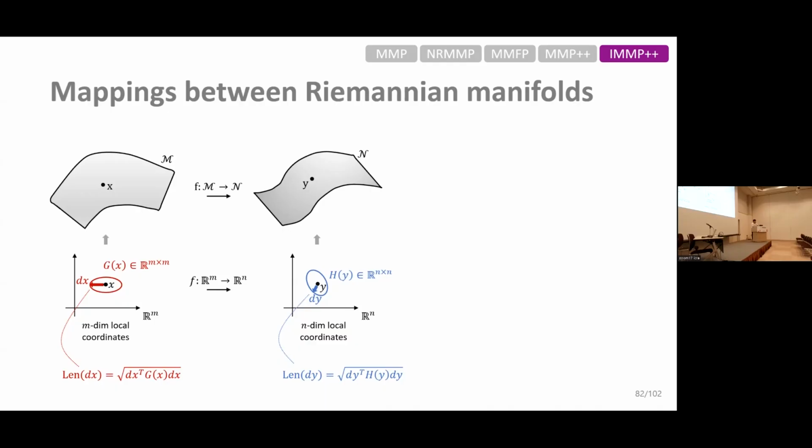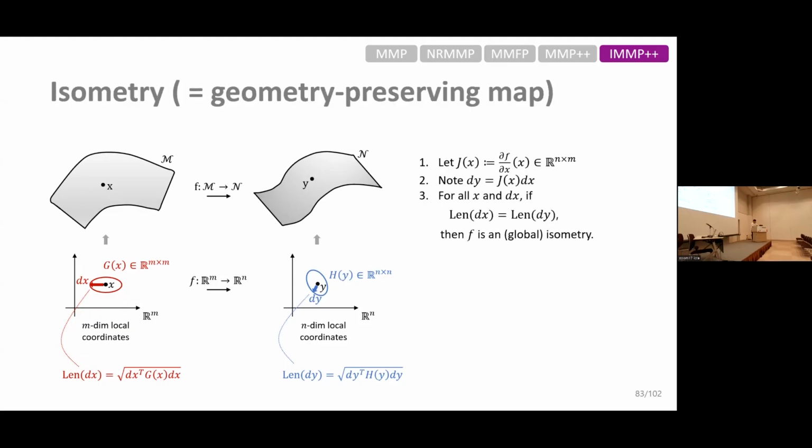Then we can compute the lengths of these infinitesimal displacement vectors dx and dy as shown in the slide. A mapping F between two Riemannian manifolds is called an isometry, or a geometry preserving map, if it satisfies the following condition.